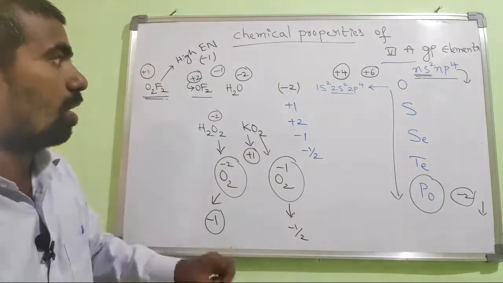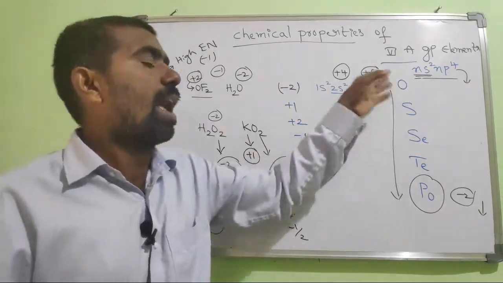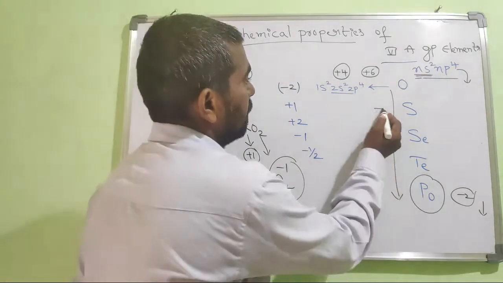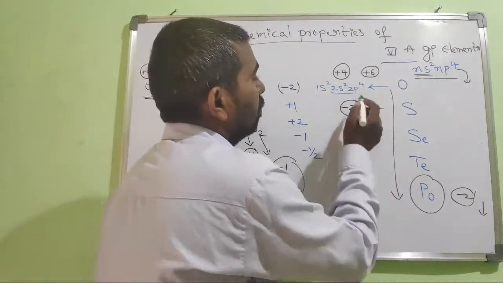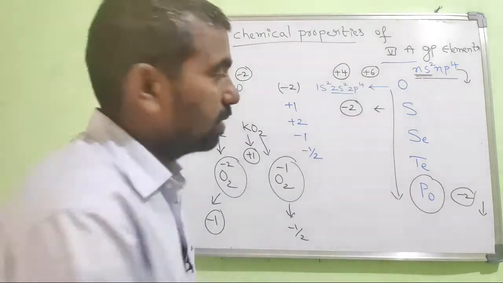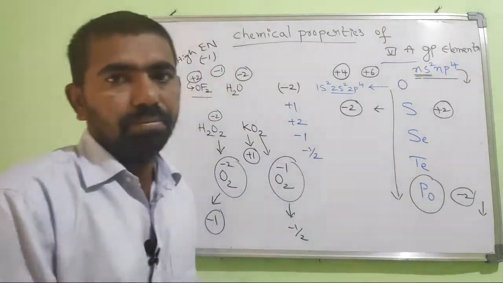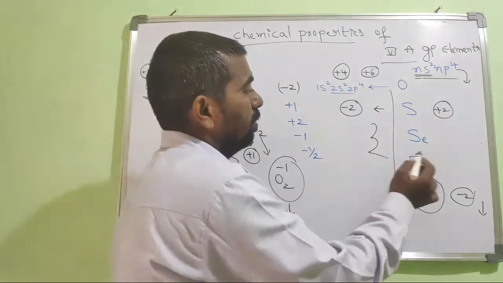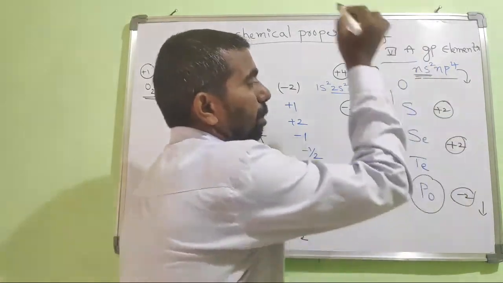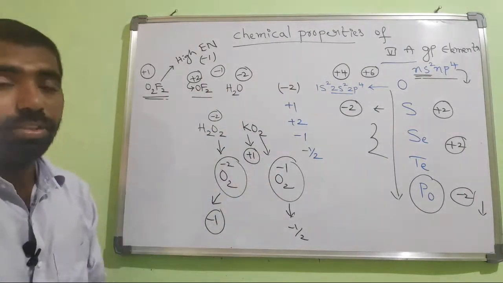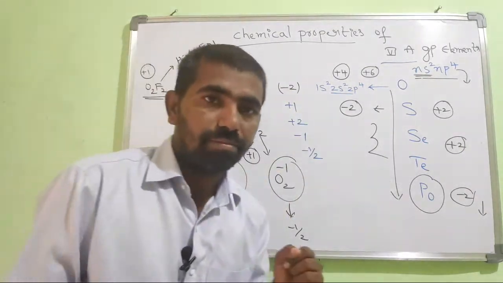This is about the oxidation states of oxygen. Sulfur also exhibits -2, +4 and +6. In some compounds it exhibits +2 also, and the remaining elements also sometimes exhibit +2 oxidation states. So these are the oxidation states of the VIA group elements.